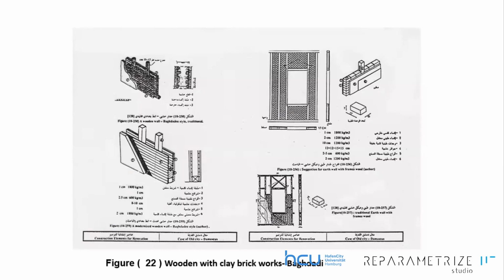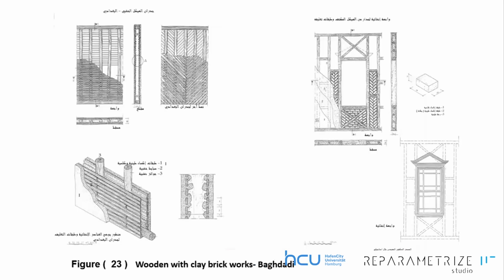And as we see here, it is designed using human traditional scale, and it is also covered by many types of plaster, mud plaster and lime plaster, and we can see the opening, and how we do it.